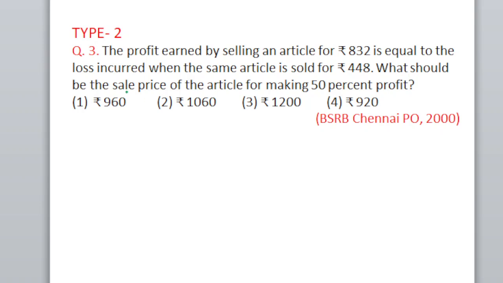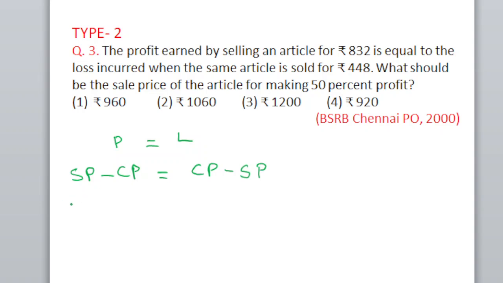What should be the sale price of the article for making 50% profit? Now here it is given that profit is equal to loss. As we know that SP minus CP is profit and CP minus SP is the loss.